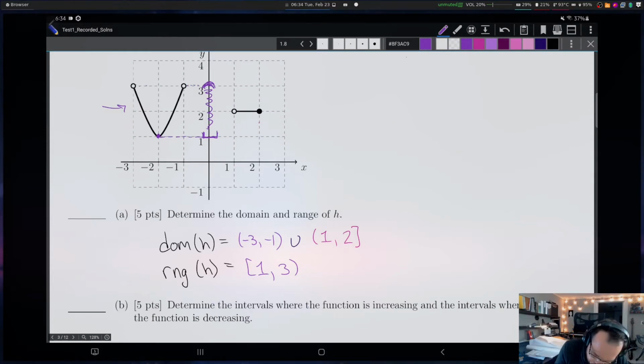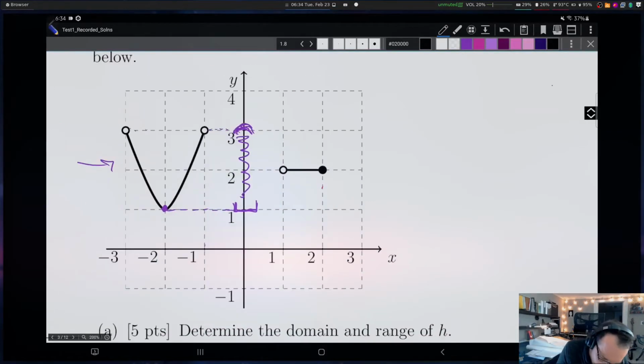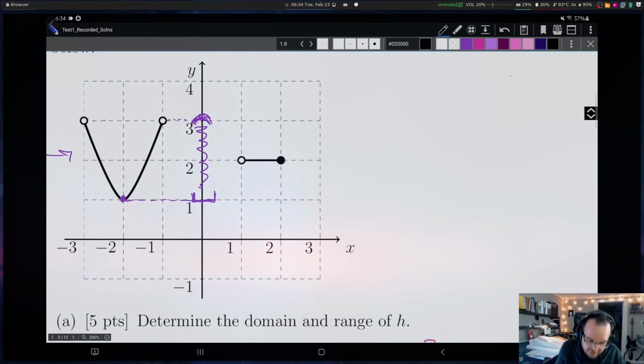And now the question might be, do I need to union in some more stuff? Because we only looked at one part of the graph, and there's this whole separate piece of the graph on this side. And in general, you do. But here we see that all of the achievable y values that are happening here, we've already accounted for them, because this is all along the line y equals 2.